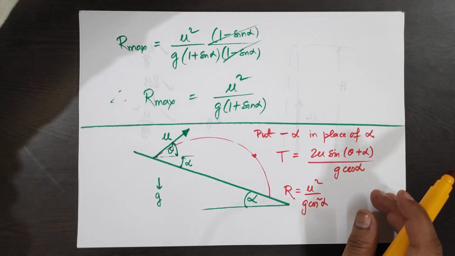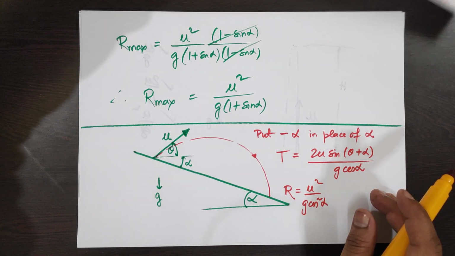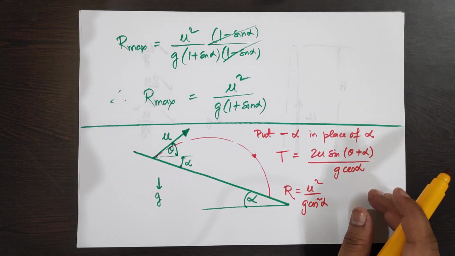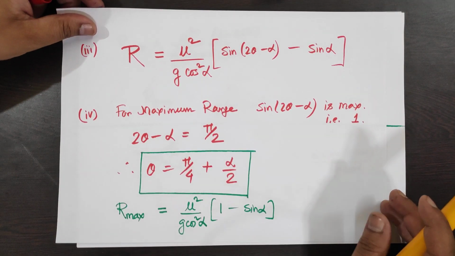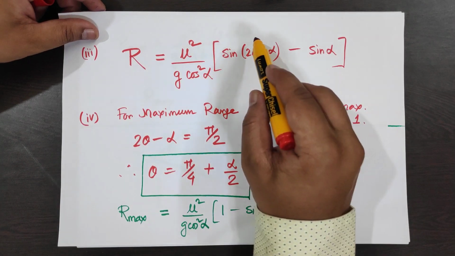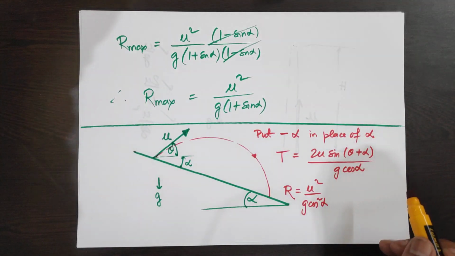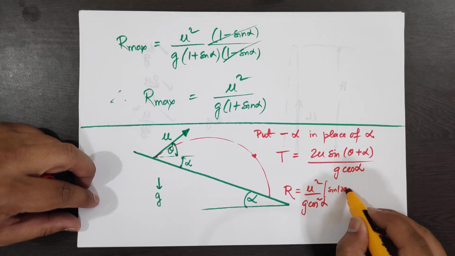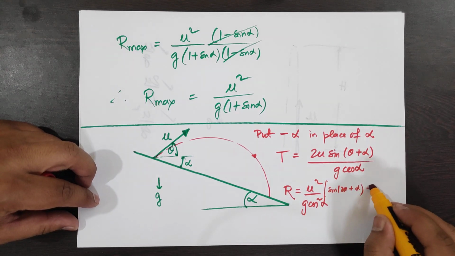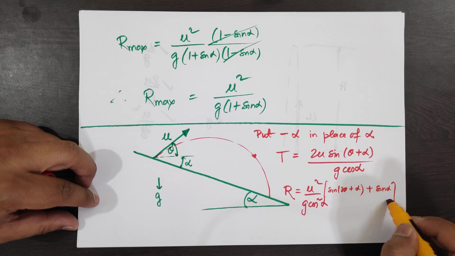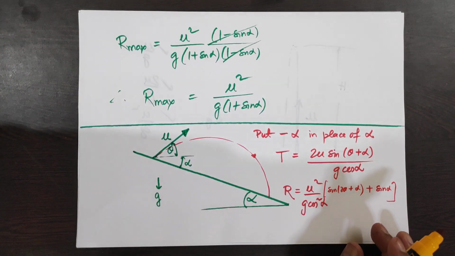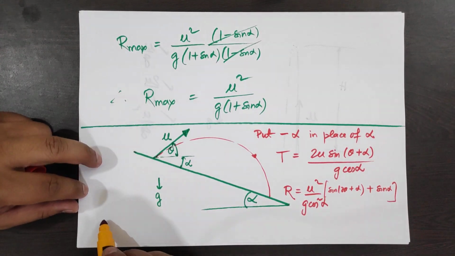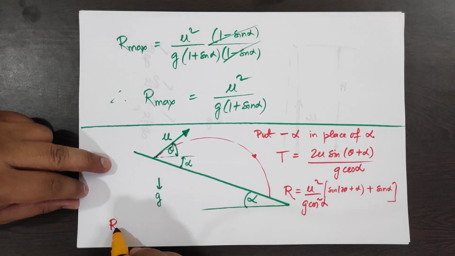Now where has that gone? Range: it's always a plus here and a plus here, so it's sin(2 theta plus alpha) plus sin alpha, and also the maximum range R max.